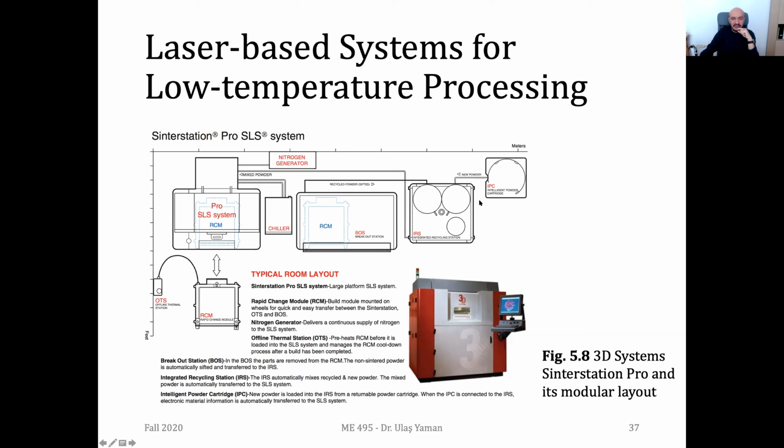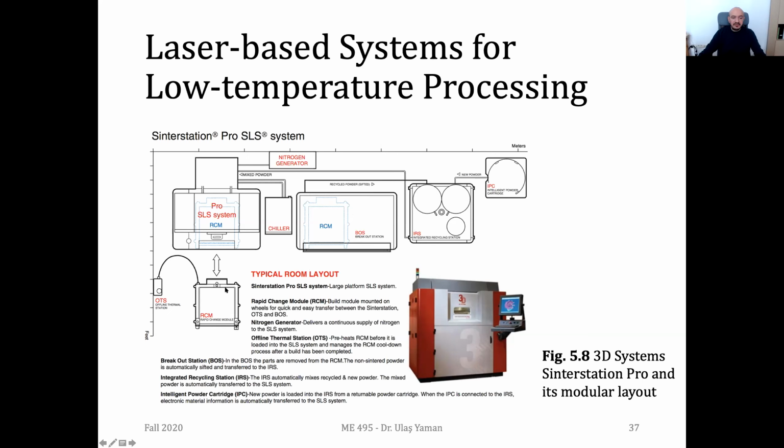And then, as you see inside this room, they have a large room for this printing operation. On this side, they have a recycled powder system. They take the powder out and try to recycle it, and they do a kind of mixing operation so that at the end they will have a uniform mixture.